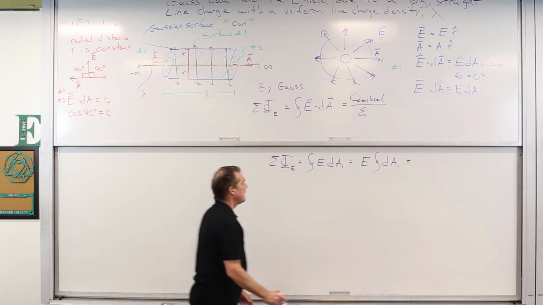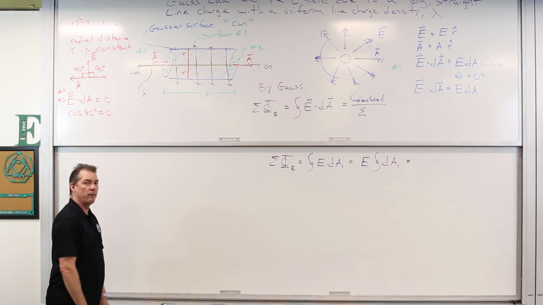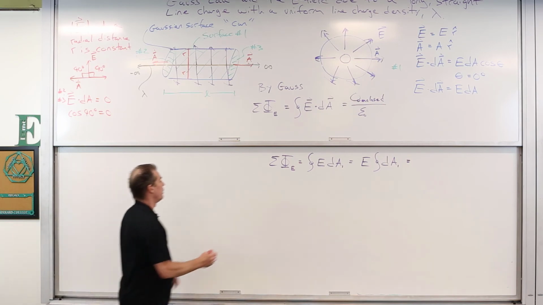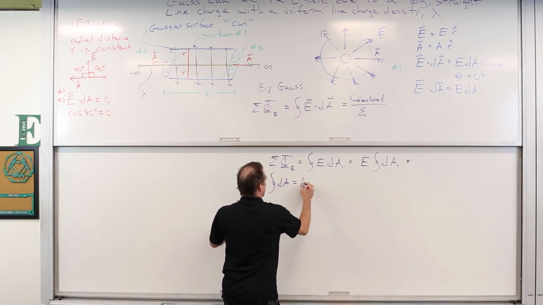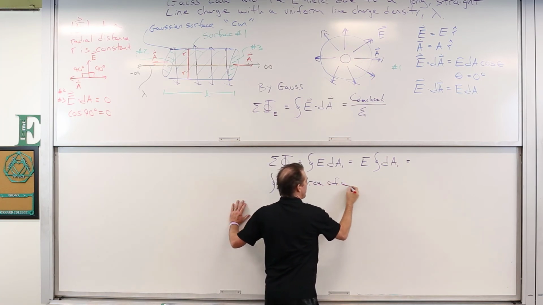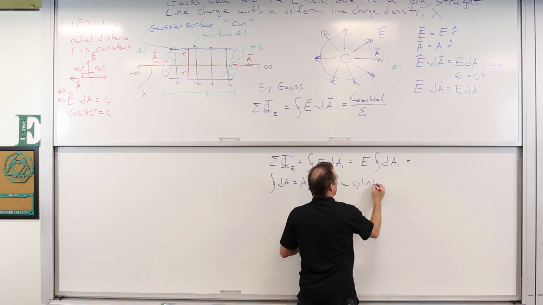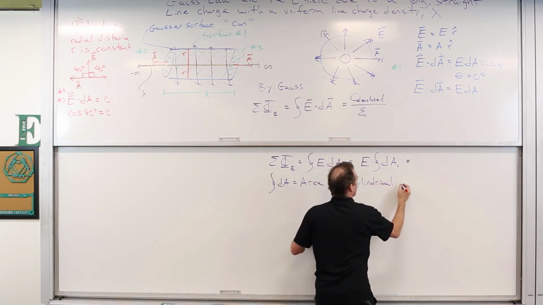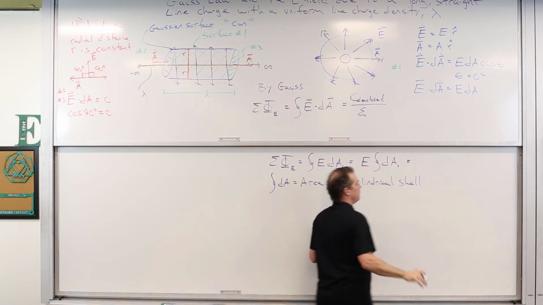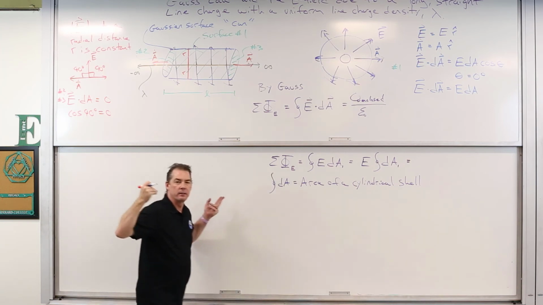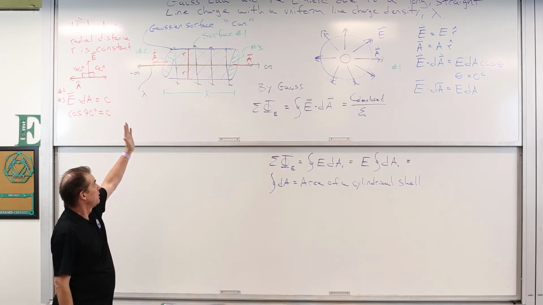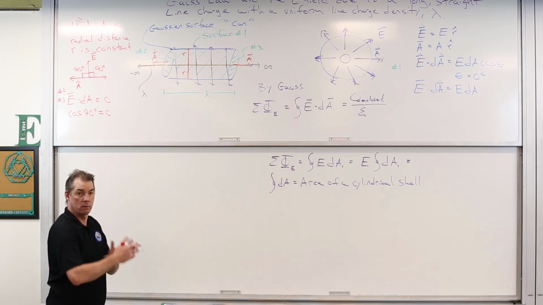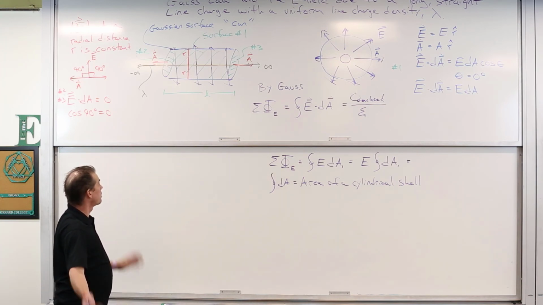Well, what is the area of a cylindrical shell, disregarding the end caps of it? Well, we just have a circular cross section and then a length L, right? So what do we have?